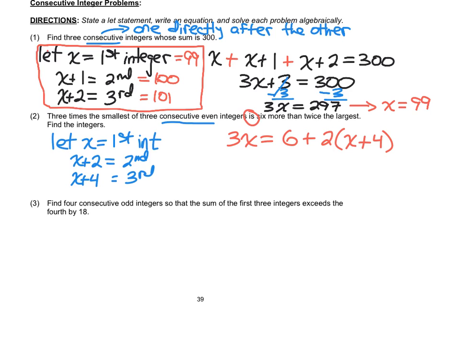Find 4 consecutive odd integers. So let x equal the first integer. Now I'm at, let's say, the number 3. I want to get to the next consecutive odd integer. How do I get there? Add 2.